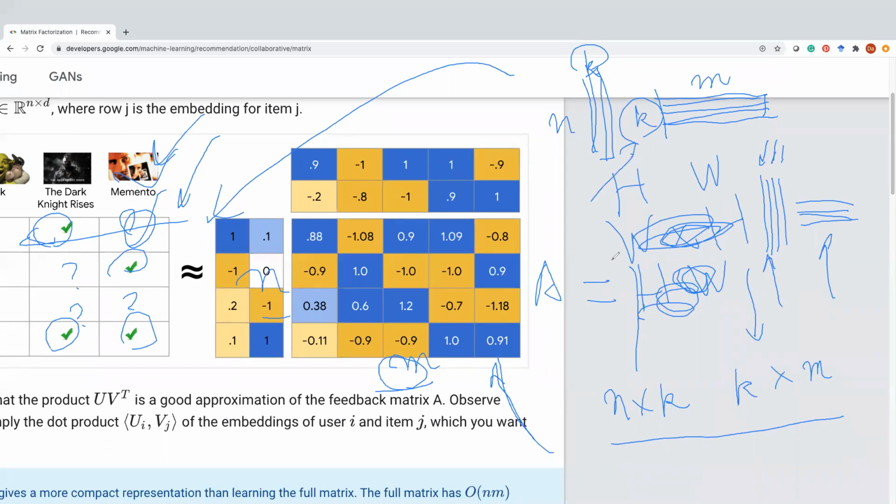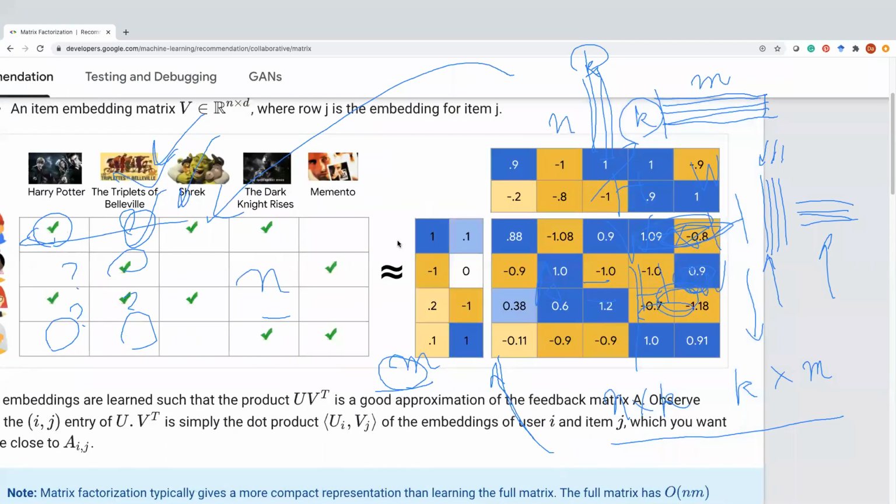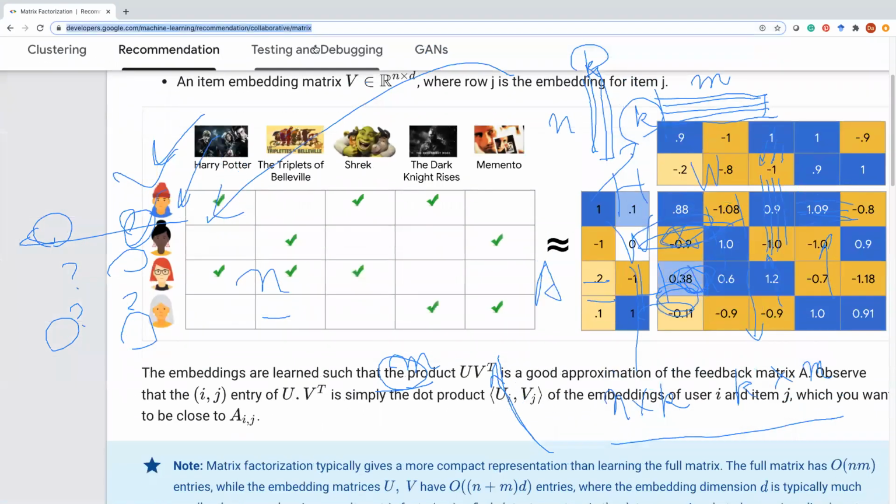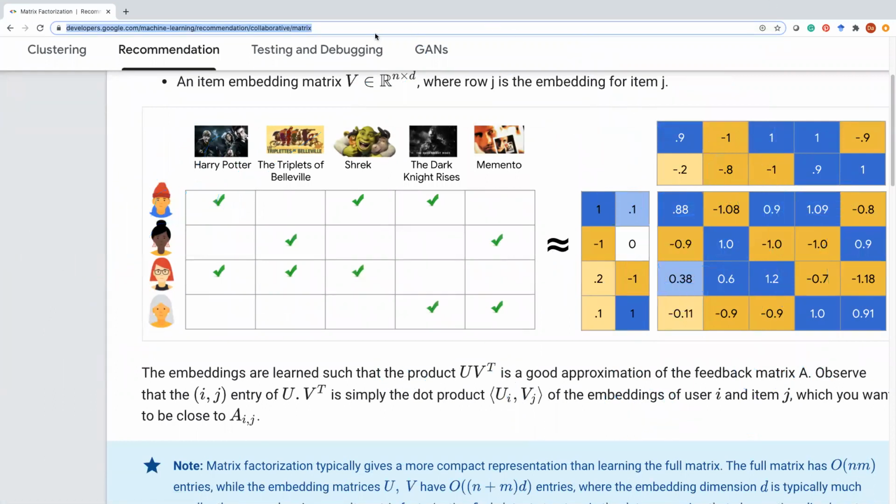A way to do that is, let me see, I think I should clear this.